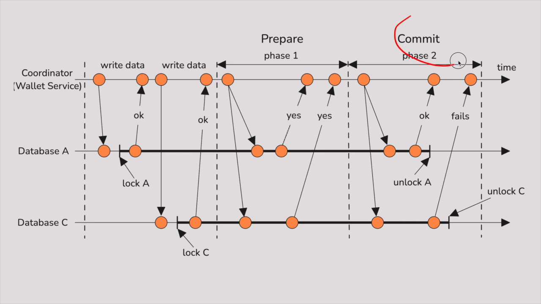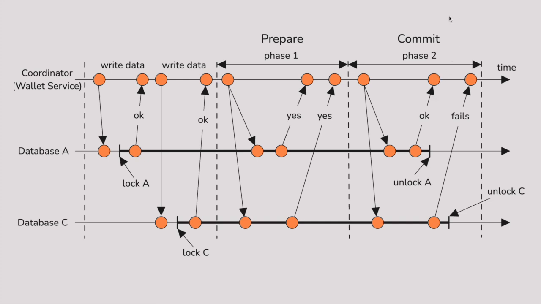On the prepare stage, the coordinator would make sure that the resources are available, the transaction can be executed, and everything is fine. And on the second phase, we would commit transactions to both databases independently, provided that we have a coordinator that, in case one of the transactions fails on any of the databases, the other transaction would be rolled back and the whole transaction would be rolled back.